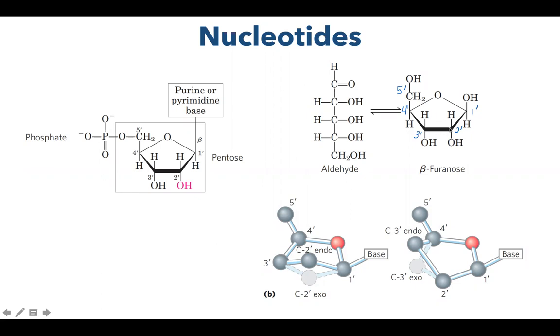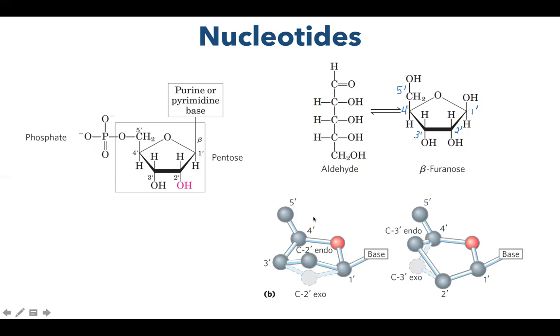Two of these, particularly 2' carbon and 3' carbon, go out of the plane. In this drawing, you have 1', 3', 4', and the oxygen atoms lying in the same plane, but the 2' carbon is out of the plane. This one can be above the plane or below the plane.